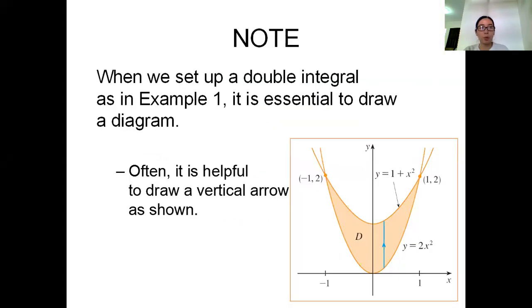So, note, when we set up a double integral, as in example 1, it is essential to draw a diagram. Oftentimes, it is helpful to draw a vertical arrow as shown. So, like this, no? We can see, or we know, that this region is a type 1 region.